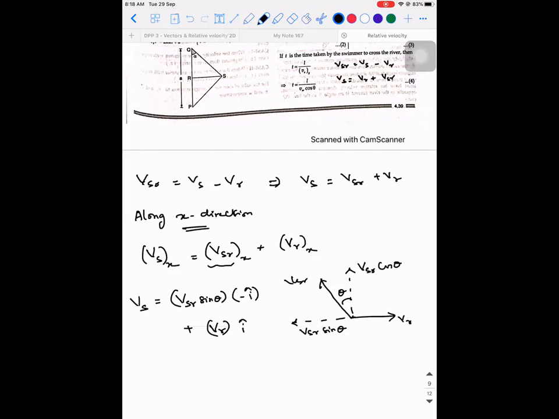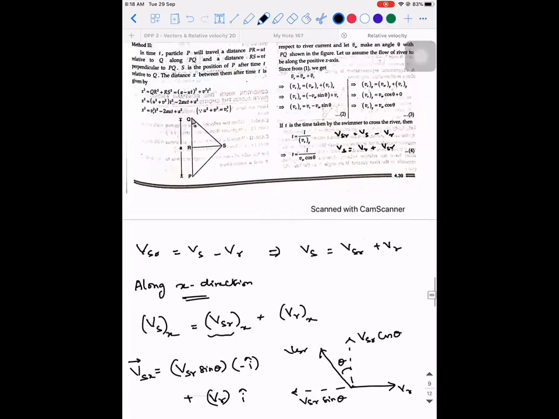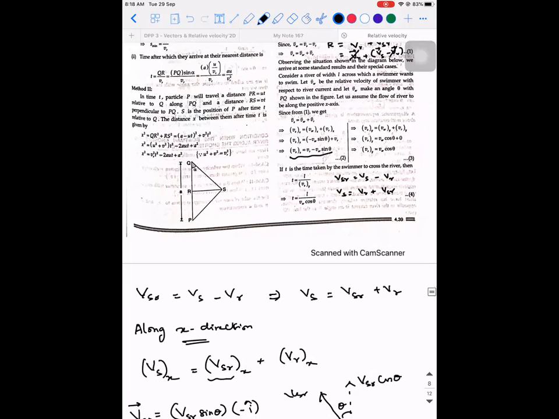Can I write it as plus i cap? I will just give a bar on top of it. So velocity of the swimmer along x direction is VSR sine theta in the minus i cap direction plus velocity of river in the i cap direction. So this will be VR minus VSR sine theta i cap. Correct?